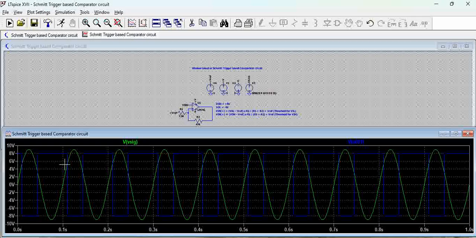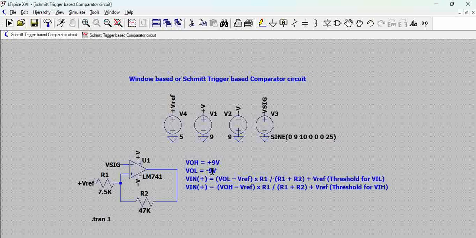Now what we have to understand here is how we are going to change these thresholds. As we see from this formula, to put a threshold, we can change either of these. You can change the reference voltage straight away to adjust the VIL and VIH, which equally impacts the VIL and VIH.